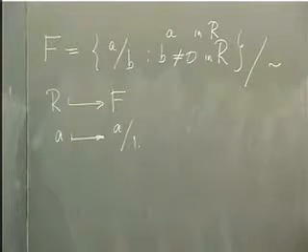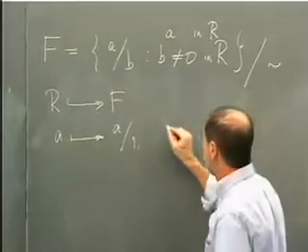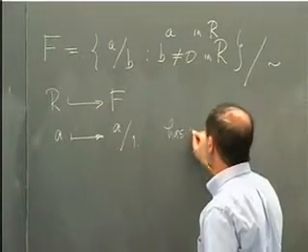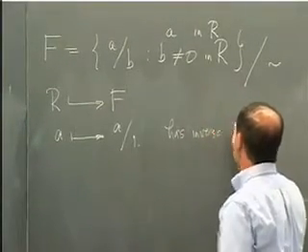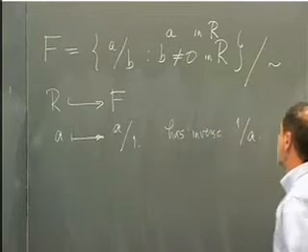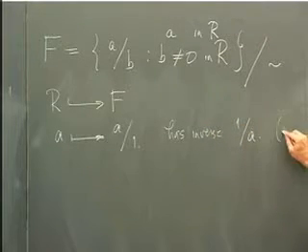And that gives inverses, because this has inverse the fraction 1 over A, if A is non-zero.